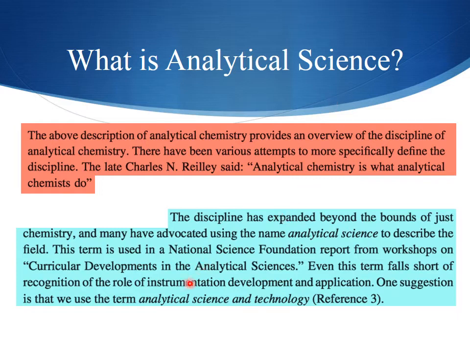Although this word analytical science cannot cover the techniques or instruments which we use for the identification and measurement of the elements present in a compound. So the more accurate term they suggested was analytical science and technology.